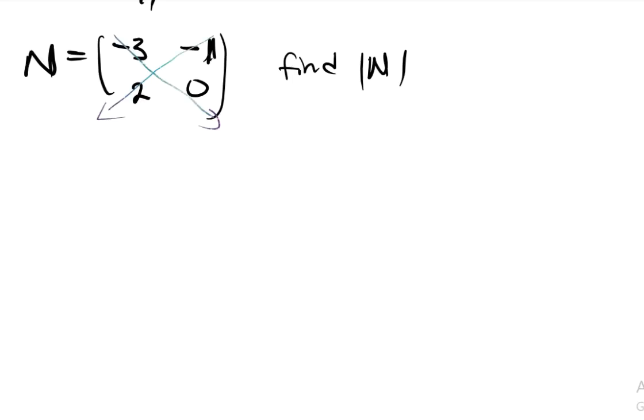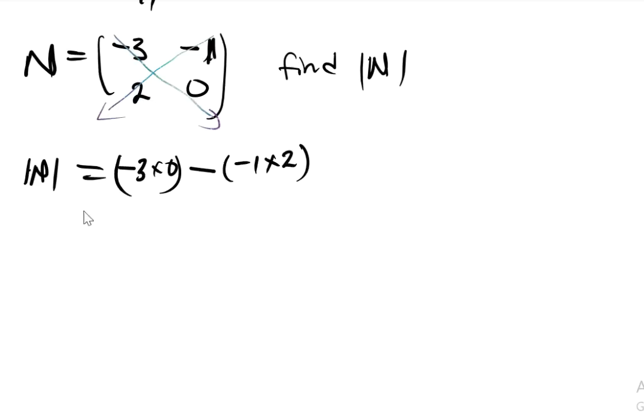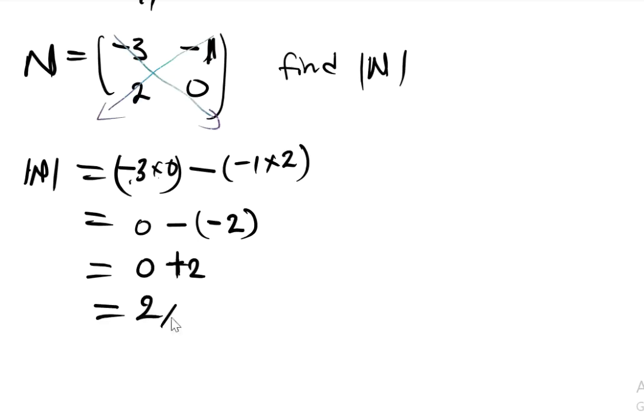So the determinant of N is equal to minus 3 multiplied by 0 minus 1 multiplied by 2. Minus 3 multiplied by 0 is 0, minus 1 multiplied by 2 is negative 2. This is equal to 0 plus 2, and the final answer is 2.